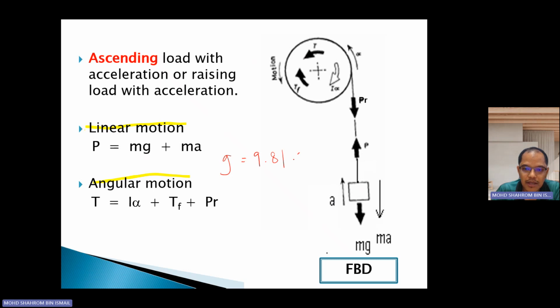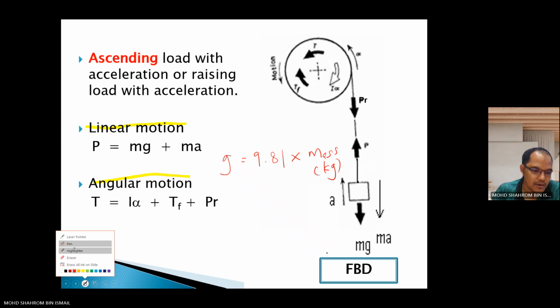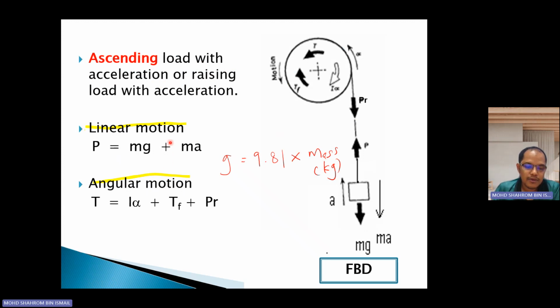So we're going to multiply by mass, and mass, the unit supposed to be kilogram lah. Mostly in our case we deal with the kilogram mass. And then we're going to add up with another equation, which is mass, also mass, we're going to multiply with acceleration, which is a. So just imagine, let's say the shaft at the center of the flywheel.